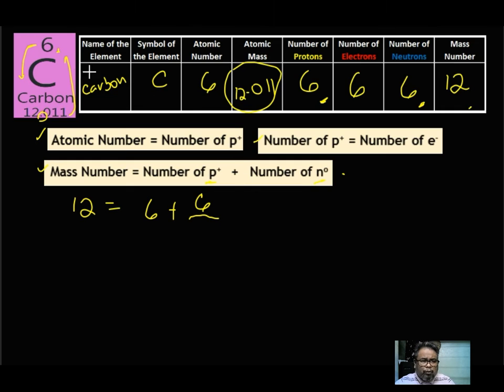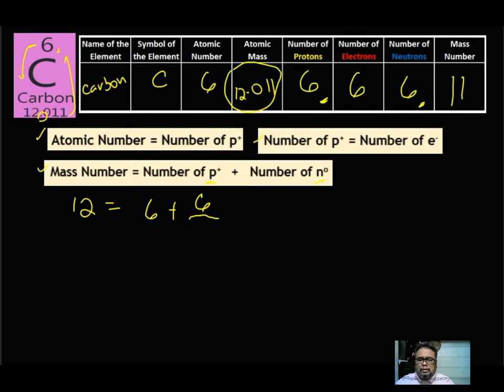Right? Now, what if instead of 12 for the mass number, the teacher, or I, put 11 here. Now, it will not satisfy our rule that the mass number is equal to the number of protons plus the number of neutrons.